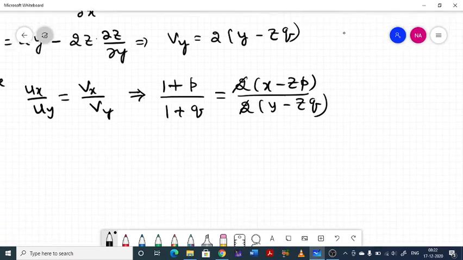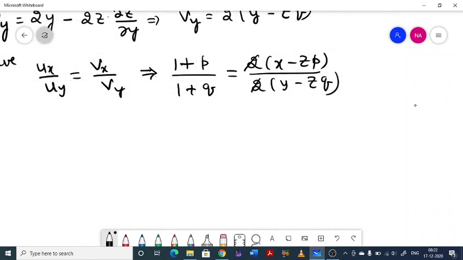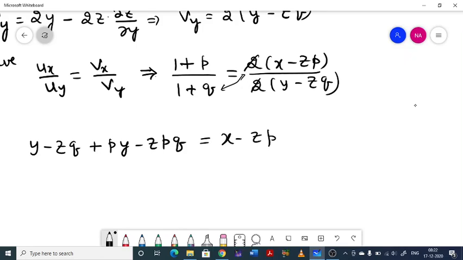If you simplify this expression, cross multiplying this, you will get y minus zq plus py minus zpq equal to, now multiplying these two terms, x minus zp into 1, so x minus zp into q, plus xq minus zpq. So here zpq cancels on both sides.